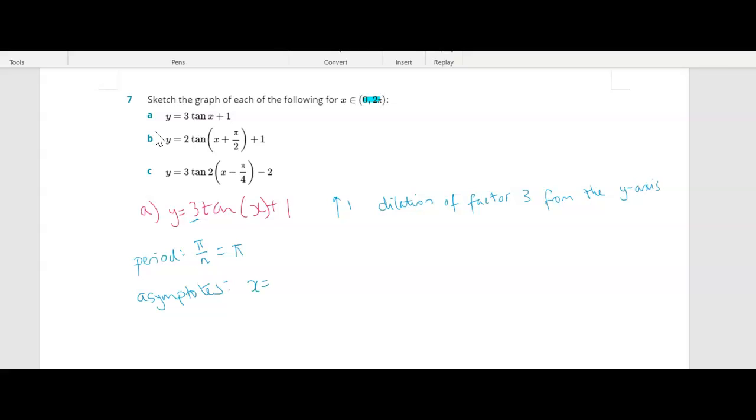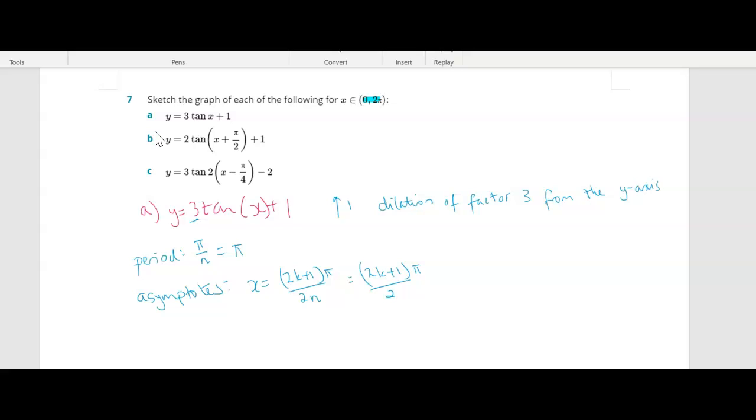So they're at x equals (2k plus 1) pi over 2n. In this case, n is equal to 1, so that's going to be (2k plus 1) pi over 2.